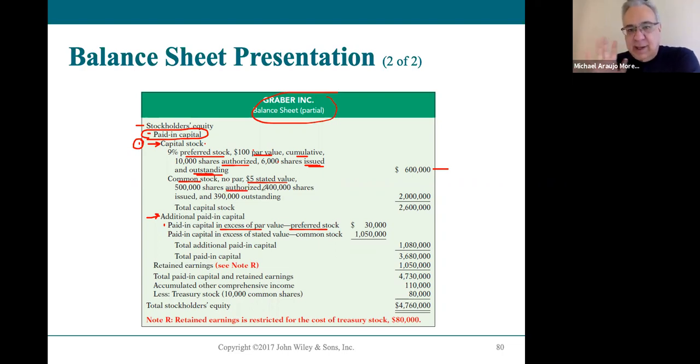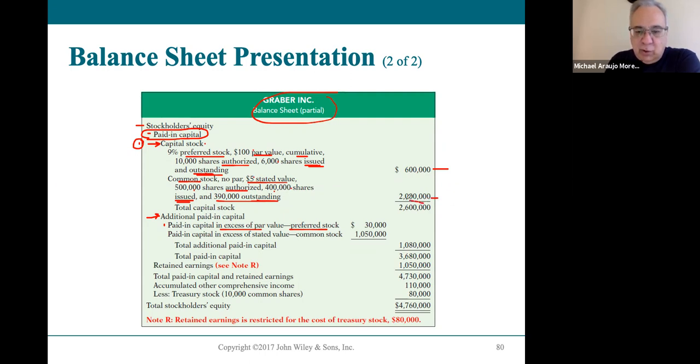So that's the legally recognized amount of shares the company has in common stock. 400,000 of those have been issued. So that means 400,000 of the 500,000 have been sold to investors to raise money. However, only 390,000 of those shares are still outstanding, which means they're still owned by the public. So you have 400,000 shares issued at $5 par value, stated value. That's your $2 million capital stock.